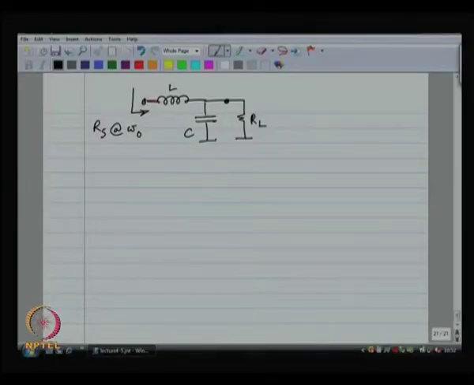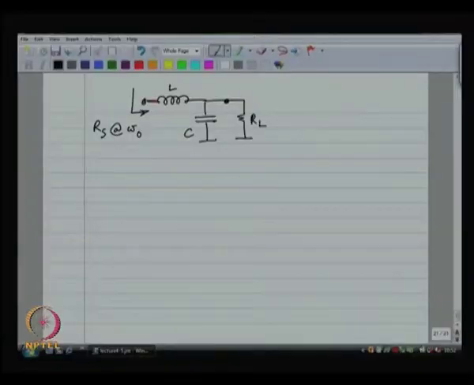And this transformed capacitor needs to resonate with the inductor at the chosen frequency omega naught, and when it does resonate with the inductor at omega naught, then all you see is the resistance R L divided by 1 plus q squared, that is all you see, right. So, this is also going to work.